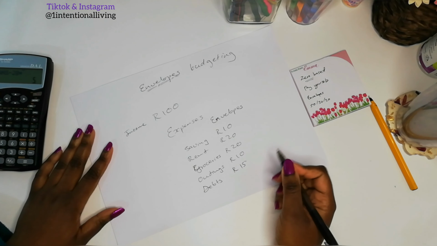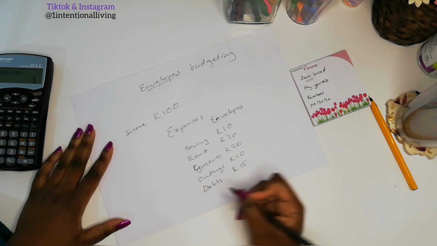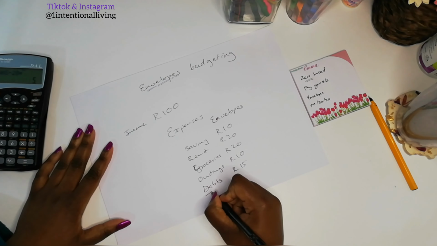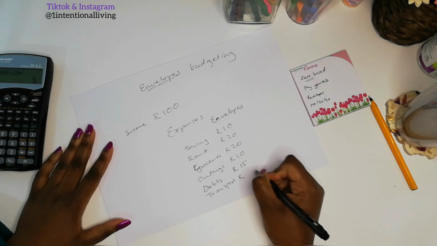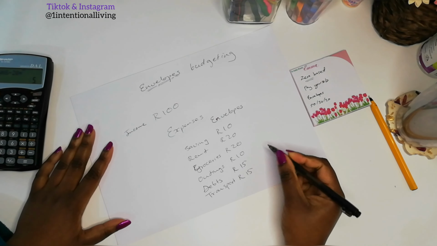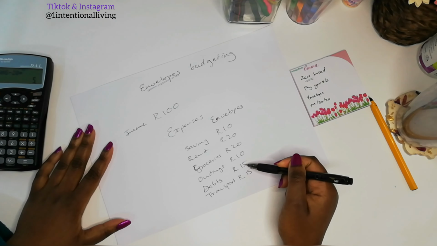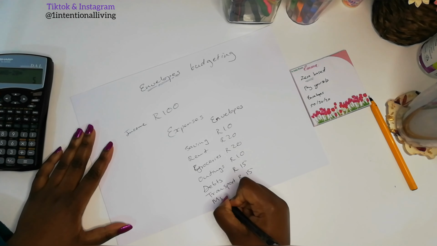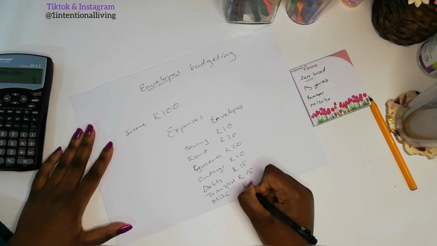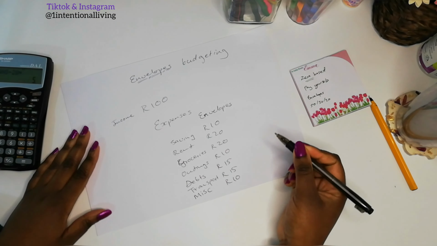Oh, wow. And then from there, maybe you have your transport. Let's say another 15, so that I don't go very wrong here. That means you have 10 Rand left. So let's say miscellaneous. You have 10 Rand for miscellaneous.